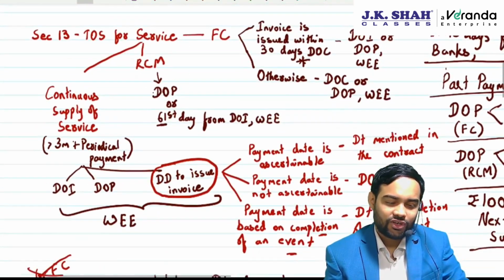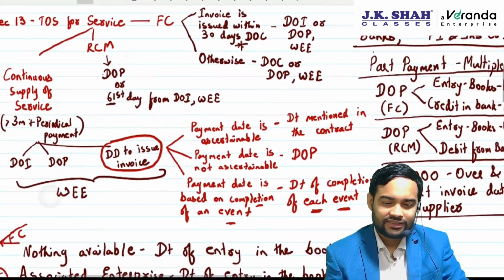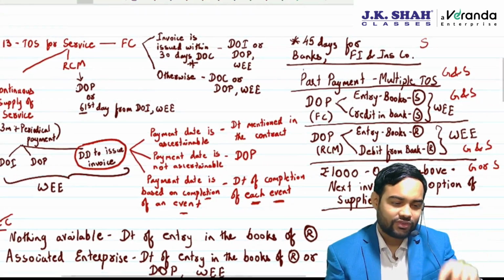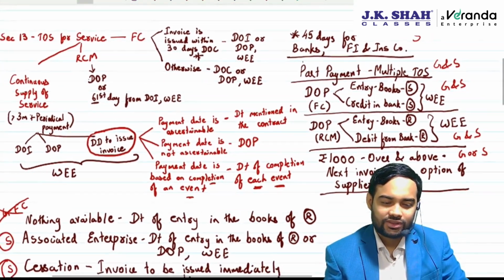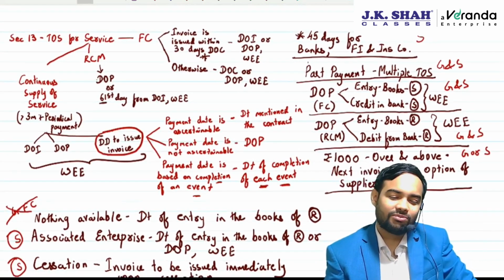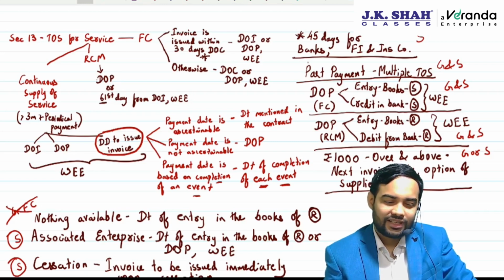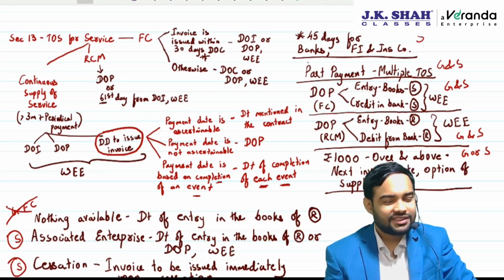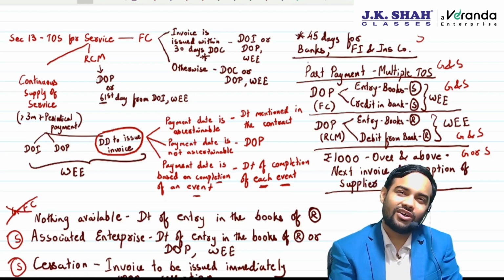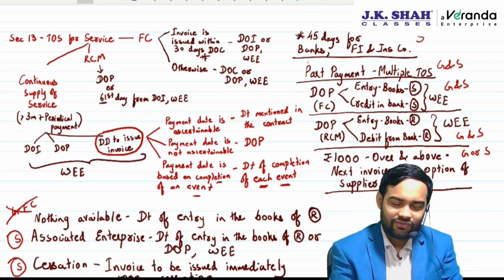Then we moved on to time of supply for services forward charge. In time of supply for services forward charge, we understood that if the invoice is issued within 30 days from the date of completion, then invoice or payment. If it is issued after 30 days, completion or payment. RCM, date of payment or 61st day from date of invoice.